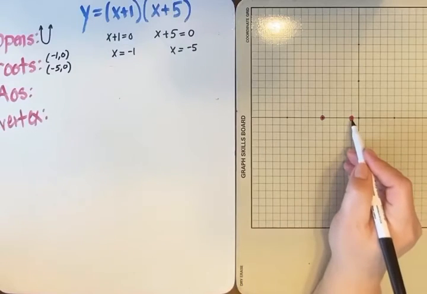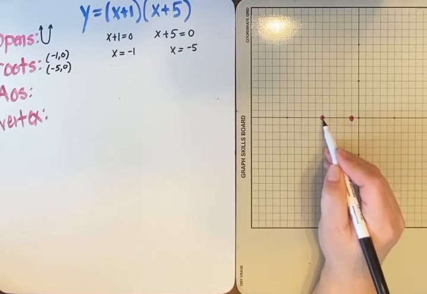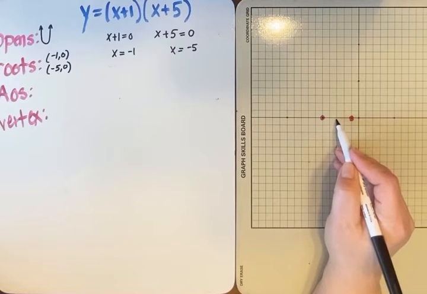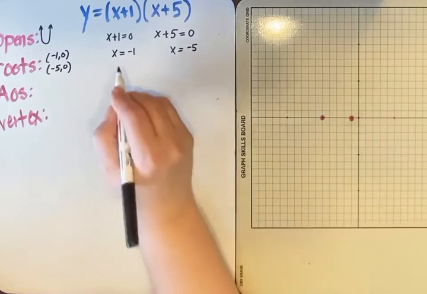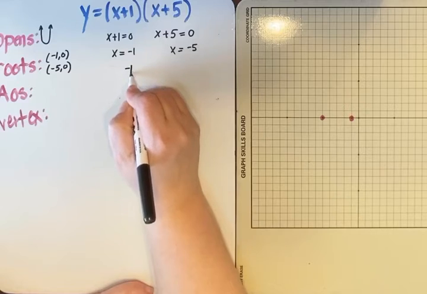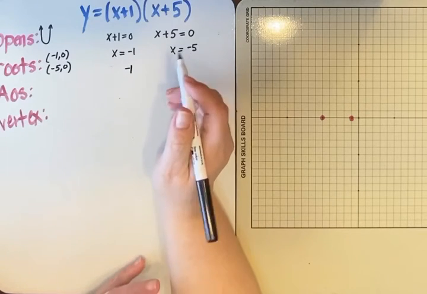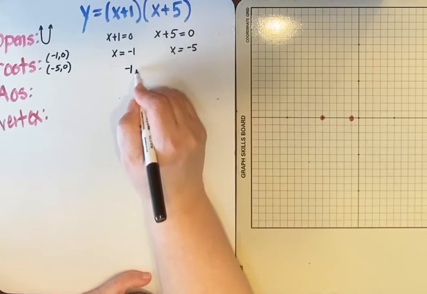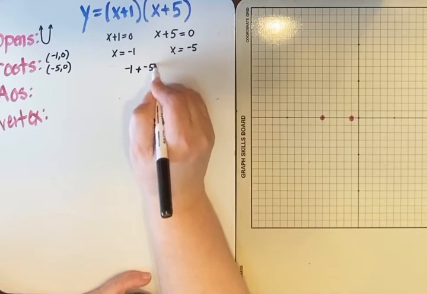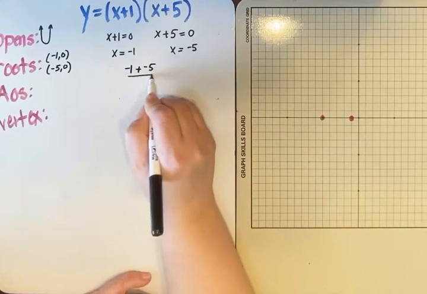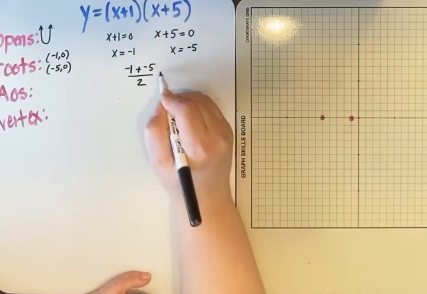If I know that my x-intercept is here at -1 and here at -5, I know that the axis of symmetry must be between these 2 points. And so I can find where that middle point is by taking the x coordinates and adding them together and dividing by 2.